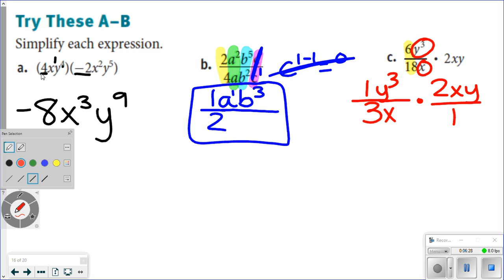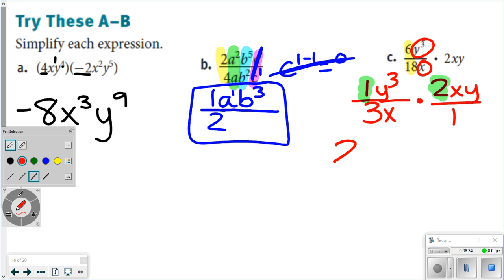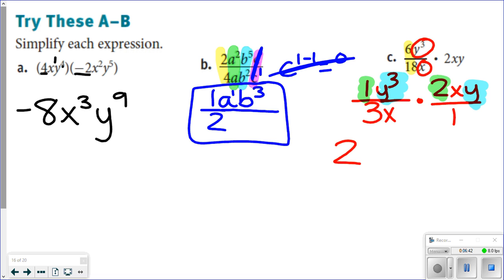So now let's look at our numbers here. So we're going to multiply 1 times 2, so we get 2. And then I'm going to multiply y cubed times y, and there's one of them over there. So 3 plus 1 is 4. And then don't forget to bring down the x that's in the numerator.